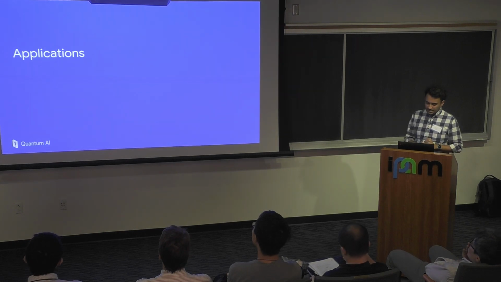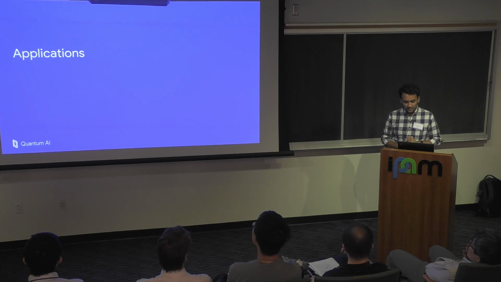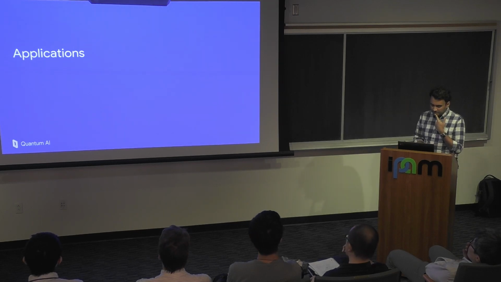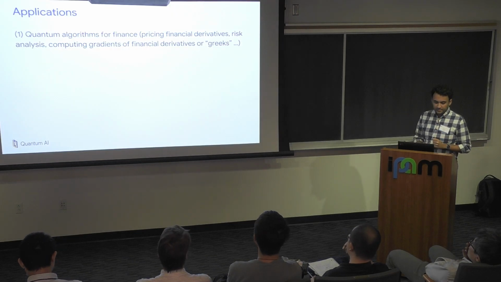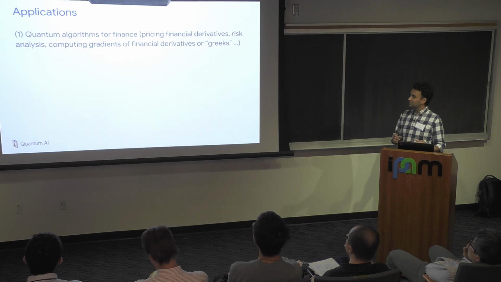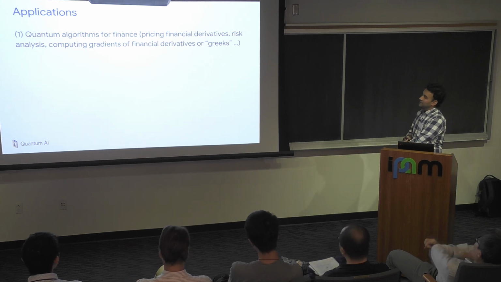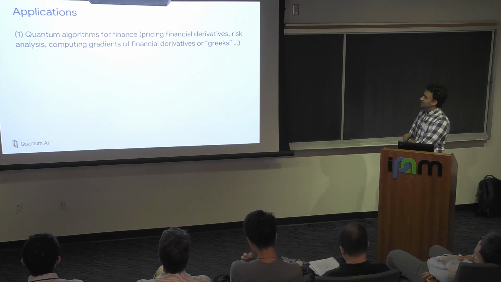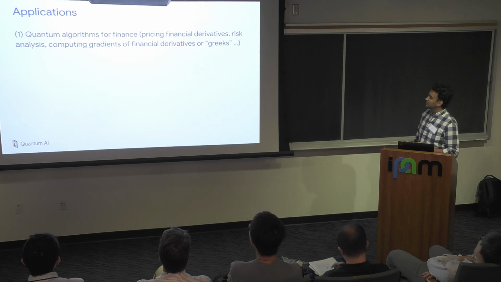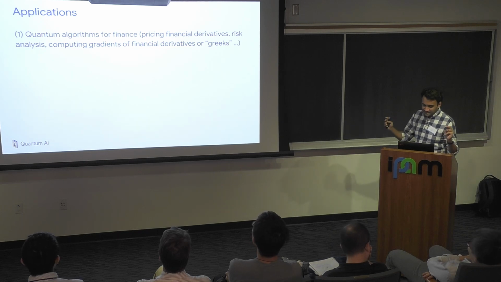Let's talk about some applications. In no particular order, one application, maybe the one that makes the most money, so maybe it's in the order of how much money you can make from applications, is the finance application. If you've heard of these things, pricing financial derivatives, computing gradients of financial derivatives, all these things called Greeks.